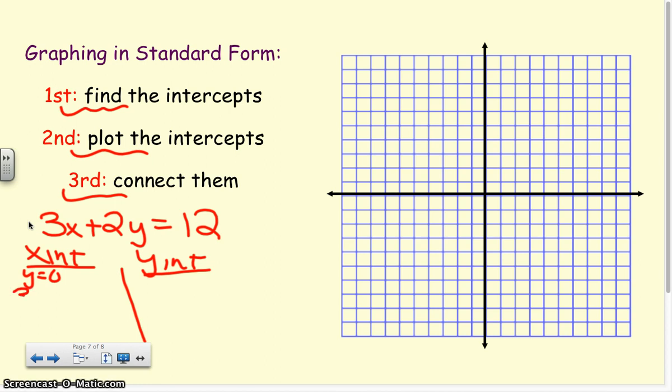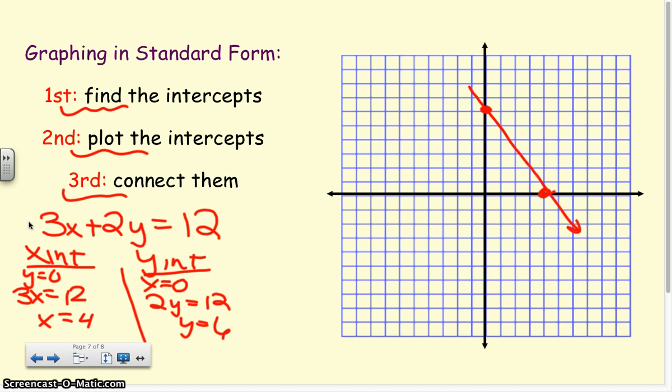So I get 3x is equal to 12, x is 4. The y-intercept is when x is equal to 0, so it cancels out that x term, and you get 2y equals 12, y is 6. So your x-intercept is at a positive 4, your y-intercept is at 6, and then you can connect them, and that is your line. So that's another way to do it.